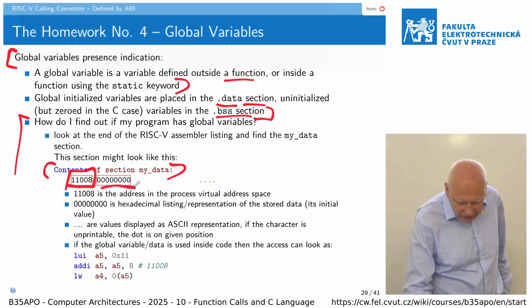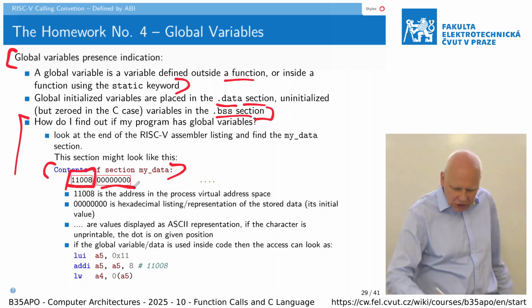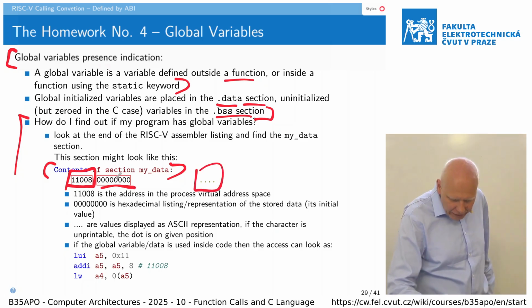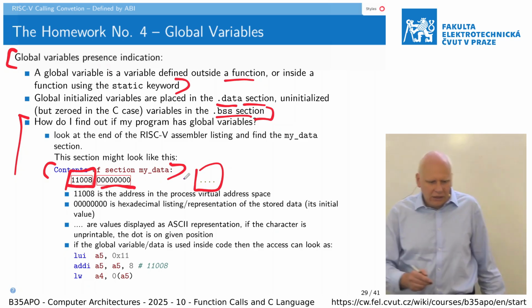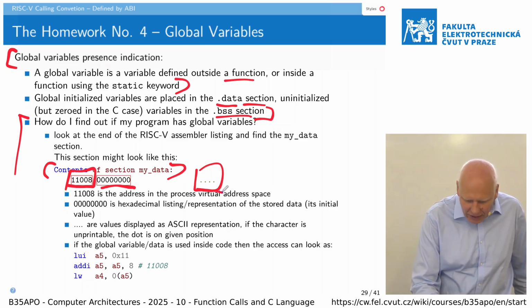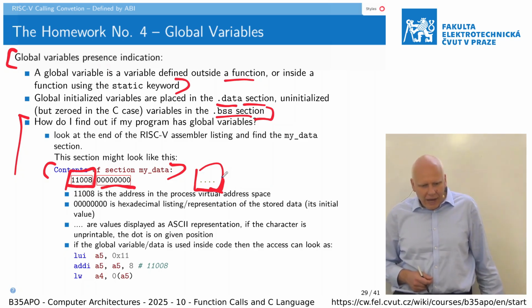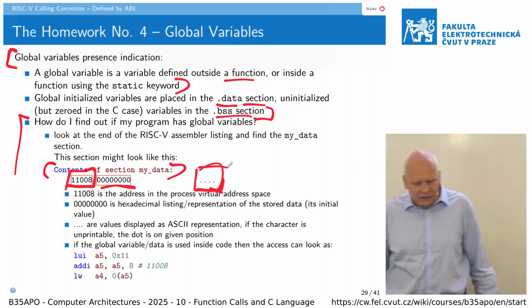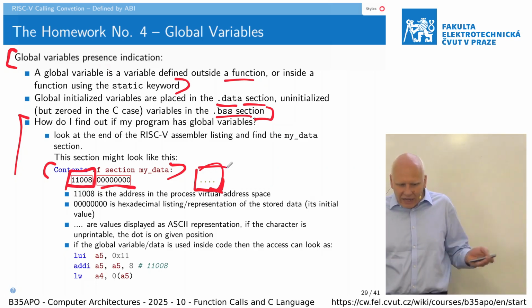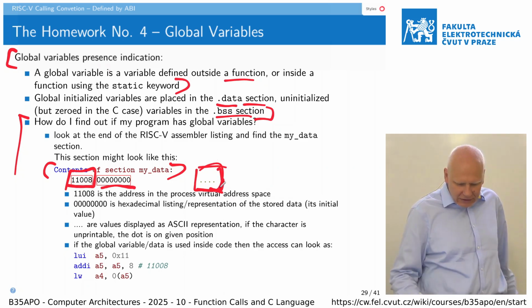Then there are individual bytes in the hexadecimal representation, 16 bytes printed in hexadecimal per line, and then there is an ASCII representation of those bytes. So for example, if there is some text, a file name or something like that, you can find it in the ASCII.